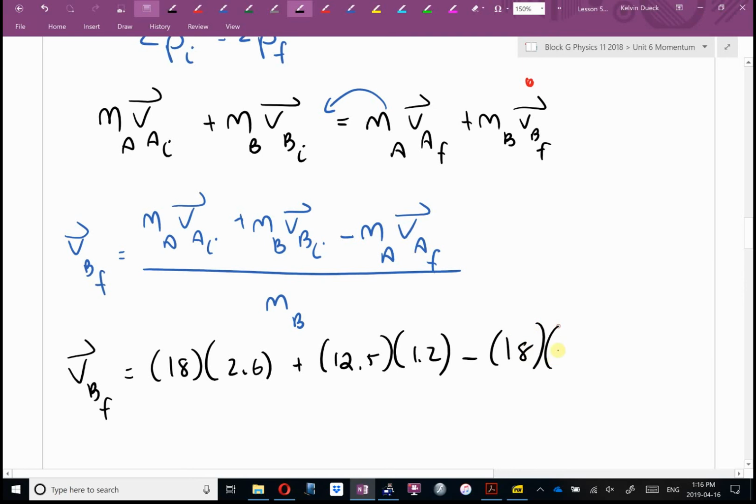Velocity A final, 0.65. That's also in the positive direction still? Yes. Okay. I could have, by the way, had rock A bounce backwards off, and then it would be heading west, and we would have called that negative. I didn't go that far. All over 12.5. I'm telling you the answer is bigger than 1.2.